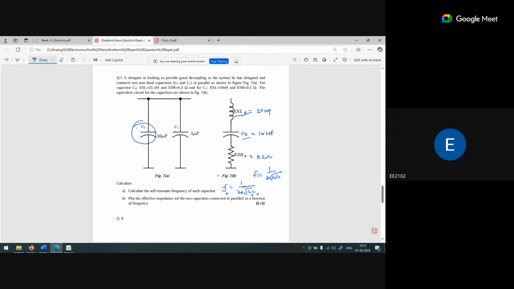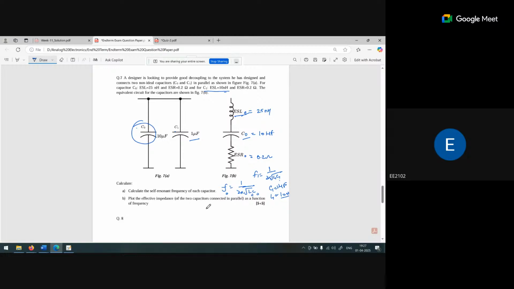Okay, now for the 1 microfarad, C1 is 1 microfarad and L1 is what? 10 nanohenry. So you are getting the value of C1 and L1.